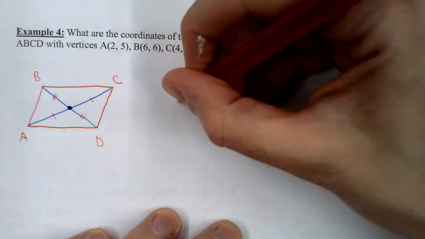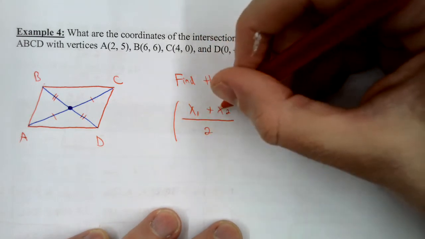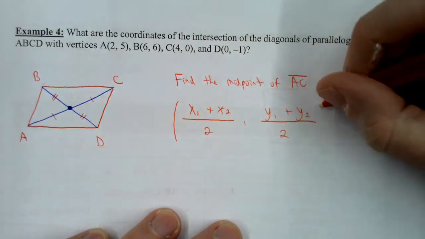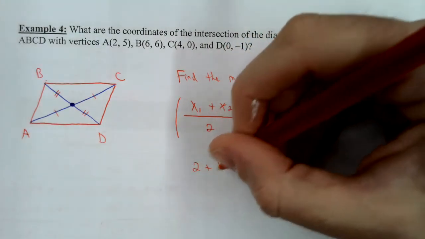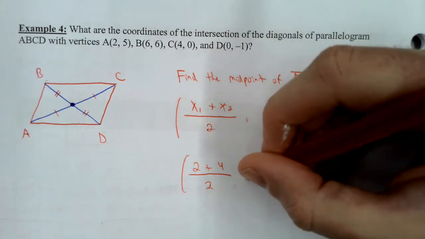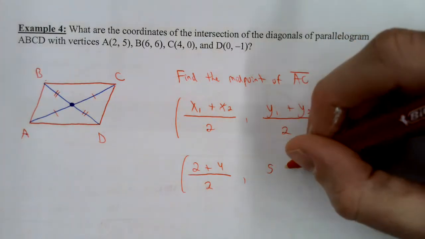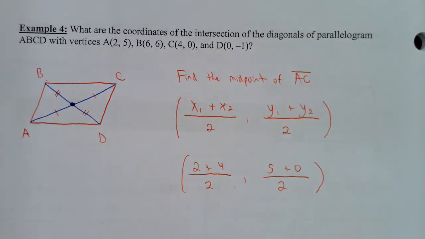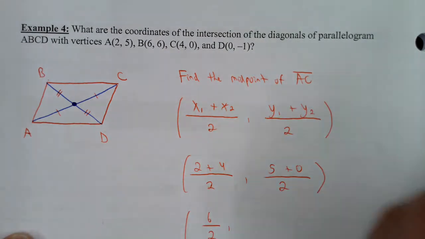So that formula is x1 plus x2 divided by 2, comma, y1 plus y2 divided by 2. Let's do it with AC. So 2 plus 4 divided by 2, comma, 5 plus 0 divided by 2. It's going to give me 6 divided by 2, comma, 5 divided by 2.